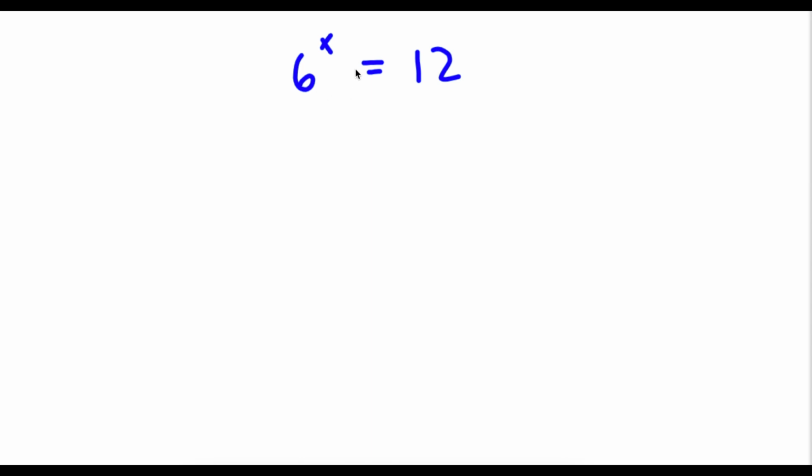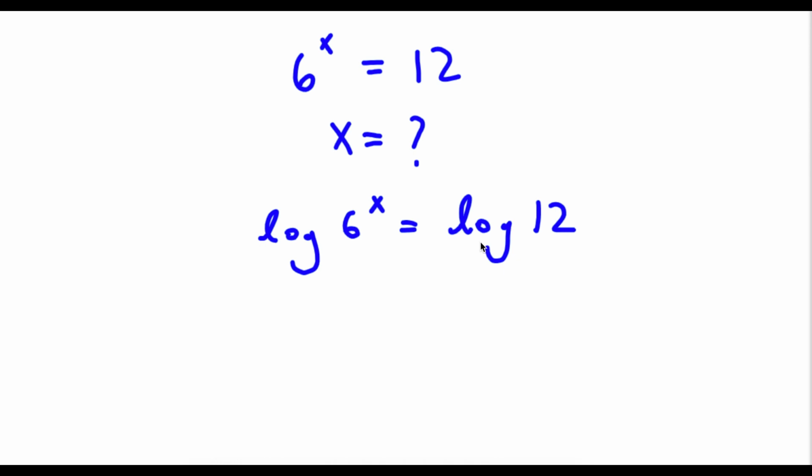Alright, so I have 6 to the power of x is equal to 12. Now I want to find the value of x. So the first thing I'm going to do is I'm going to take the log on both sides. So now I have log 6 to the power of x is equal to log 12.